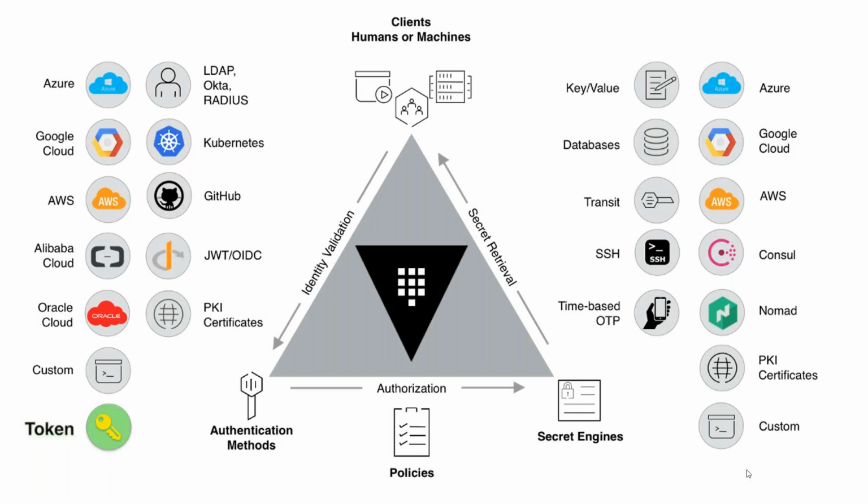By default, HashiCorp has one database of a key and value type, which you can see on the top. But if you say you don't want that, and want to store the secrets in MySQL, Postgres, Oracle, or AWS, Google, Azure, those options are also available.